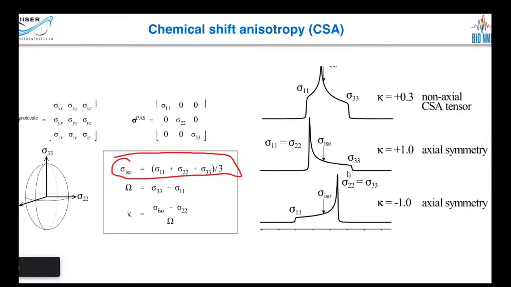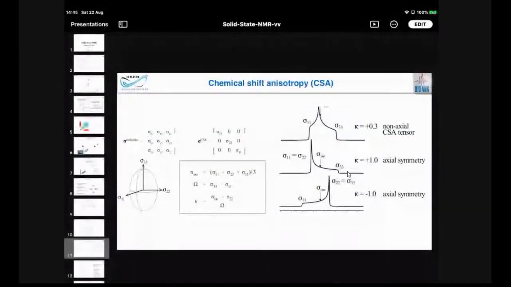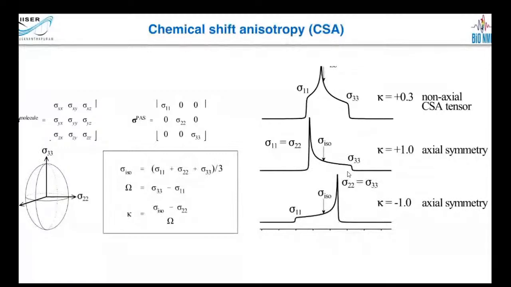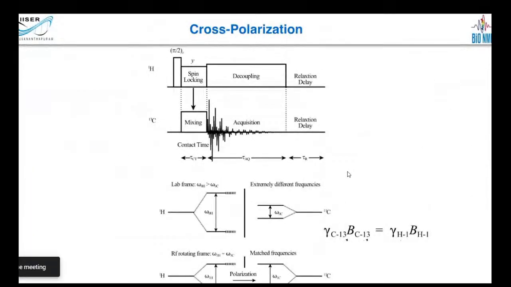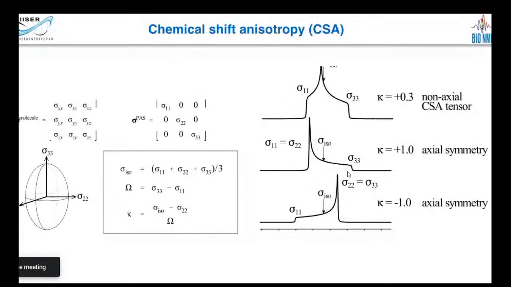If you are representing anything as a second rank tensor, it basically means a 3x3 matrix, and in your 3x3 matrix each direction will have its own elements: XX, XY, XZ, YZ, and so on.